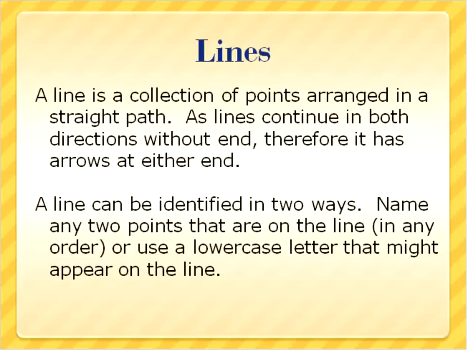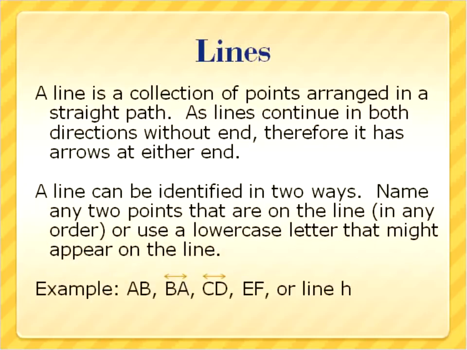A line can be identified in two ways. Remember, a point is just one capital letter, so a line, you can label it by saying any 2 points that are on that line, or you can label it using a lowercase letter that appears on the line. For example, you could say it's line AB because it's the line that goes from point A to point B. You could also say it's line BA because lines go in both directions, so it could be from that point to there.